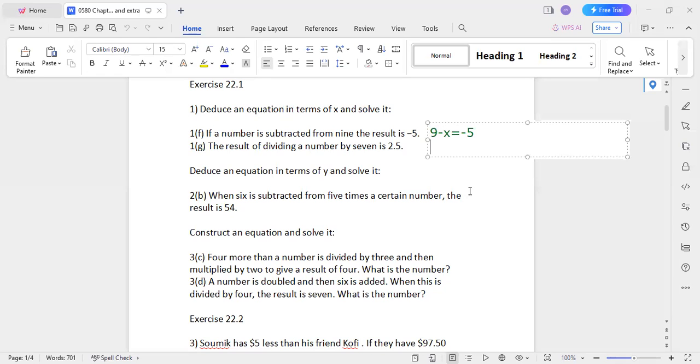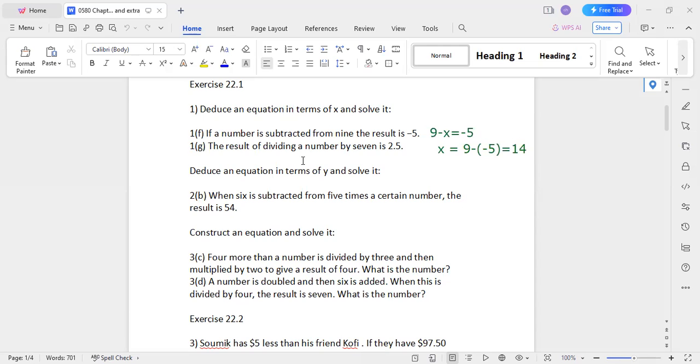What do we do to move it to the other side? -x move to the right side. Yep. And the -5 move to the left side. So what do we get for x in the end? 14. That is correct.